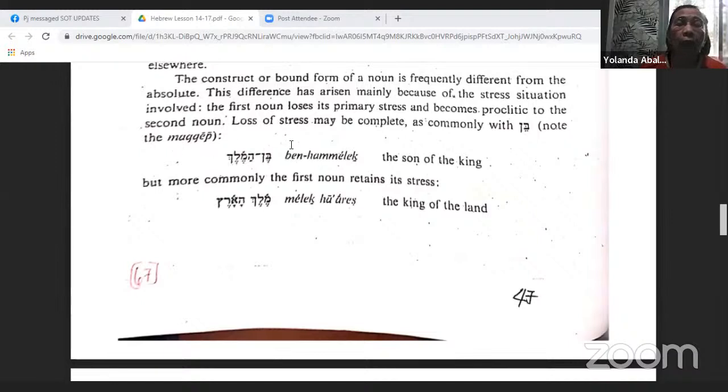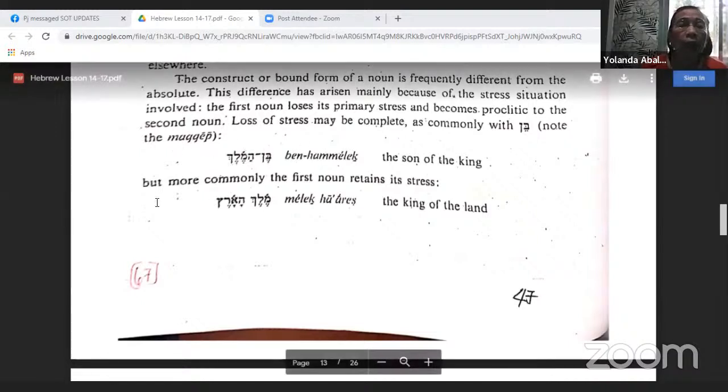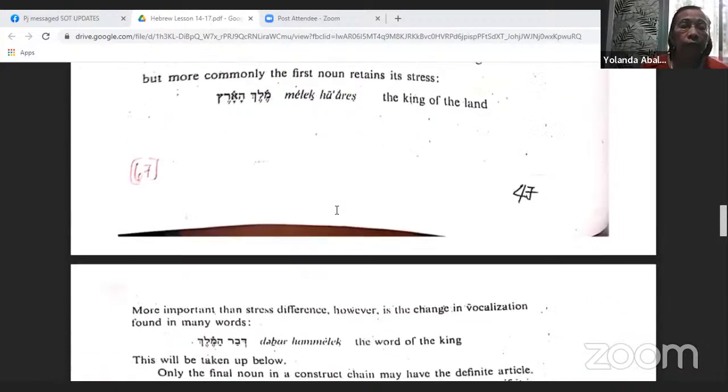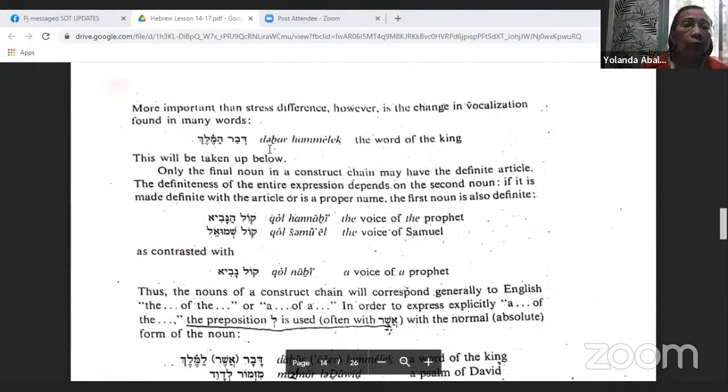Of. Tandaan nyo ha? Of. Then we have Melech Haaretz, king of the land. So we have the king of the land. We have Dibar Hamelech. Hindi Dabar, Dibar Hamelech. The word of the king.